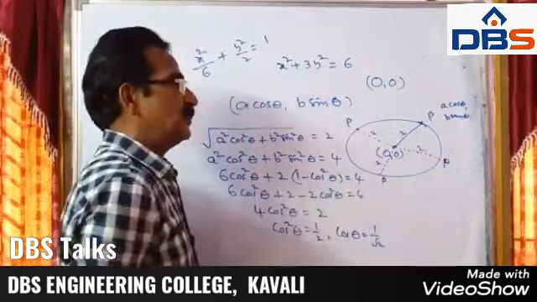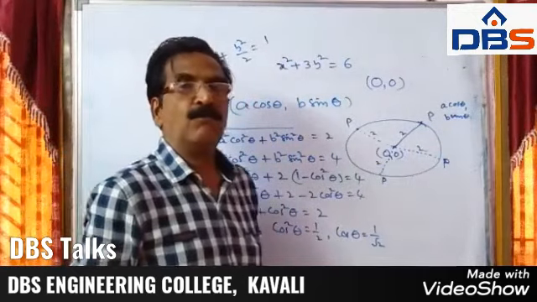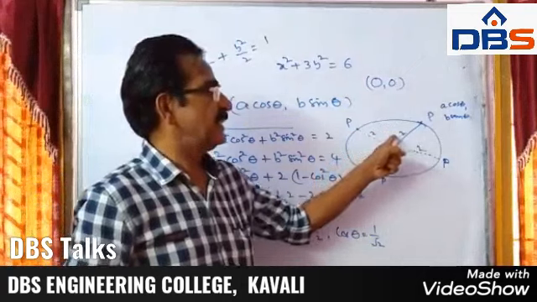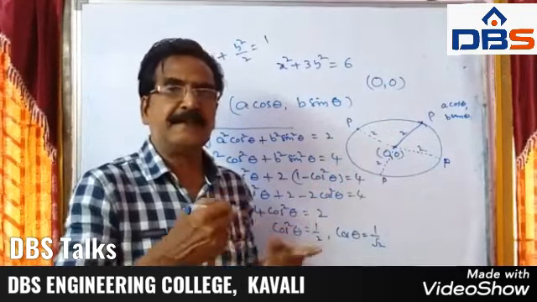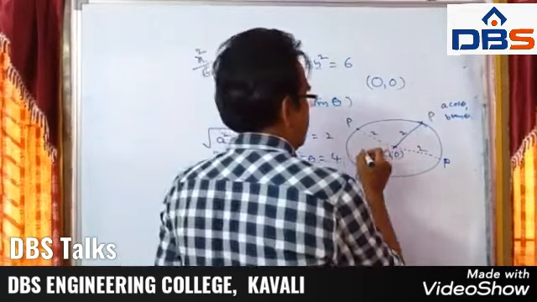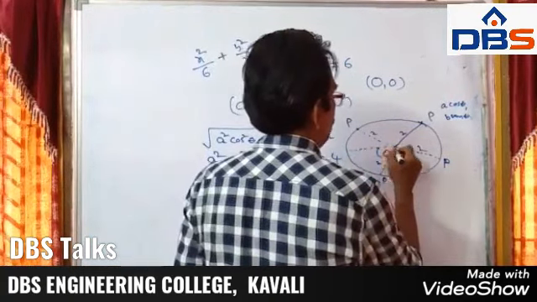Right friends? So now we can have 4 eccentric angles with a difference of 90 plus 90 plus 90. So the first angle is pi by 4.